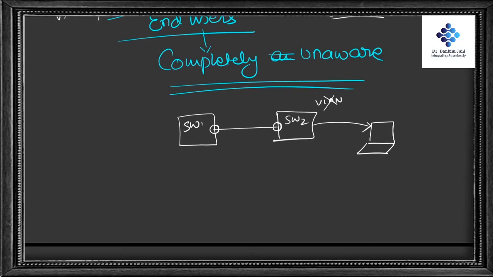So we were talking about how, from switch 1 to switch 2, when we connect laptops on both ends, this VLAN does not have any significance from the user's perspective.